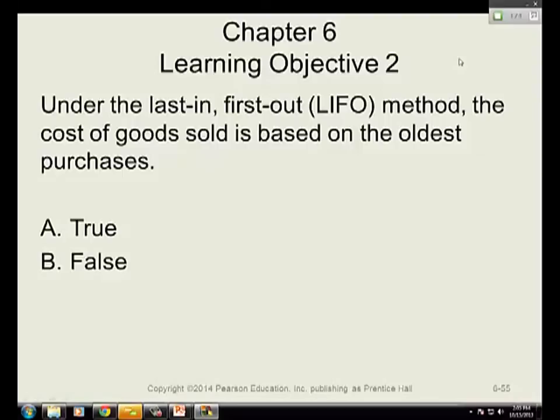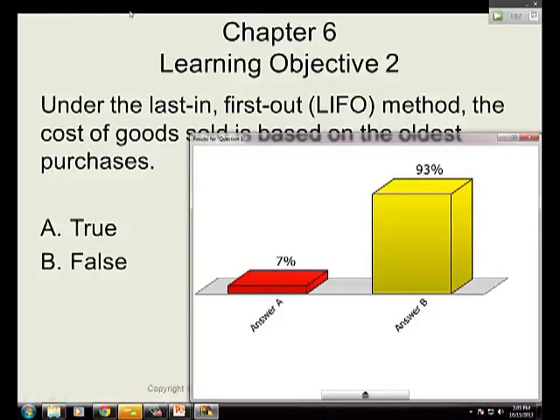I'm going down to about 10 seconds, but I'll let you know when there's 10 seconds. So there's 10 seconds. Ready?